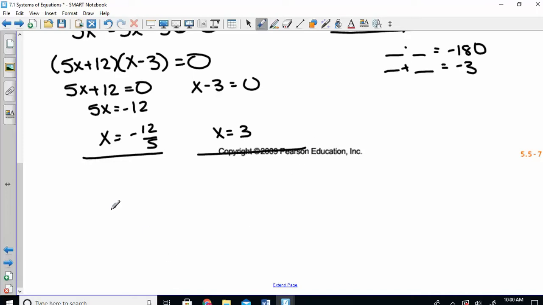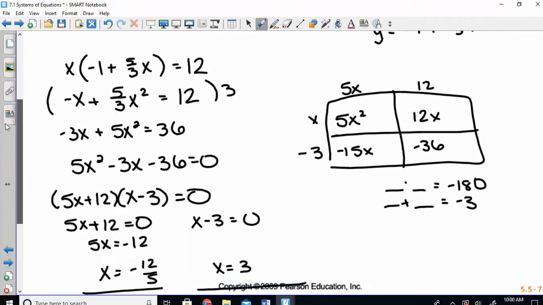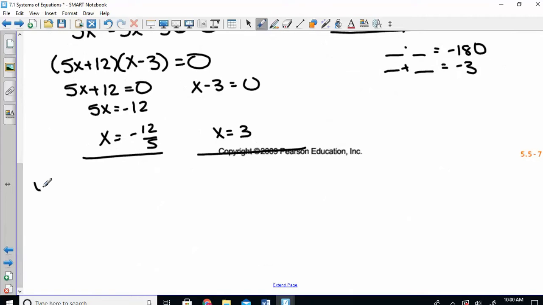Power. Alright, so I got 2 x's, so we need to find y. You can do that by plugging back into one of the originals, or we can use, we already said y was -1 plus 5/3 x. So what does that give us? -1 plus 5/3 times -12/5.